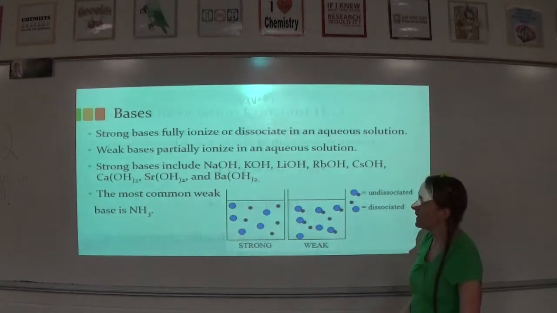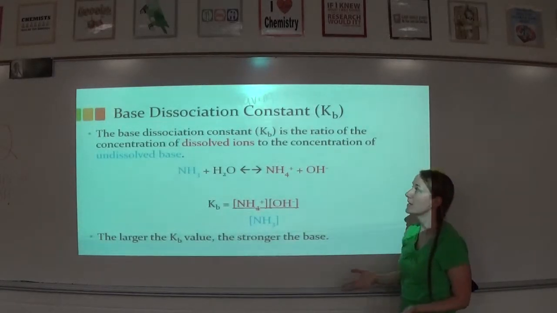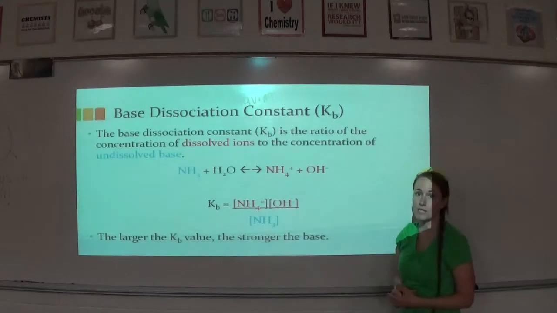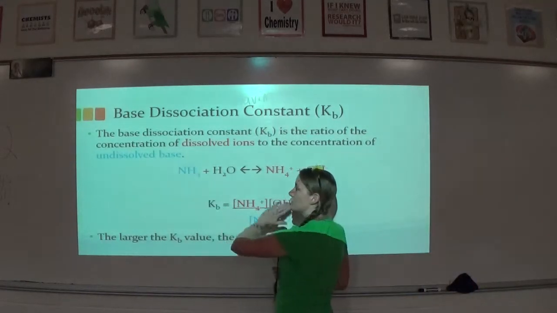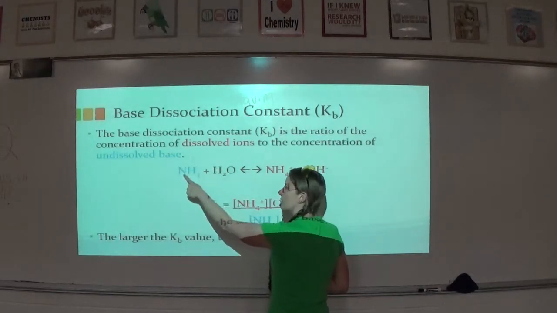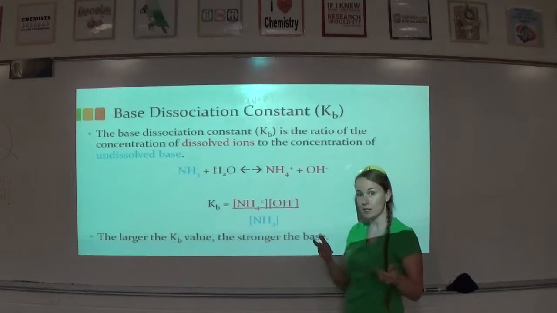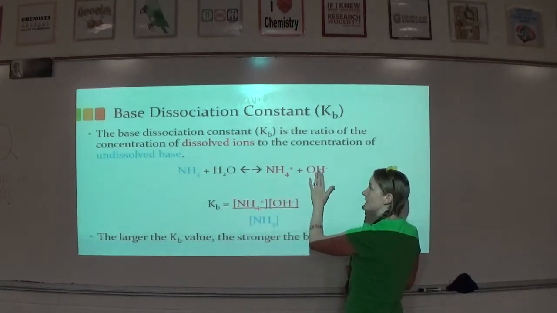Alright, so let's talk about a Kb value. Ka is of course your acid dissociation constant. Kb is your base dissociation constant, but it works the same way. Okay, so we have a base. I picked NH3 in water. And so what's going to happen is water is going to give one of its hydrogens to the base. Remember, we talked about the proton donor and acceptor thing. So it becomes NH4 plus and OH minus.